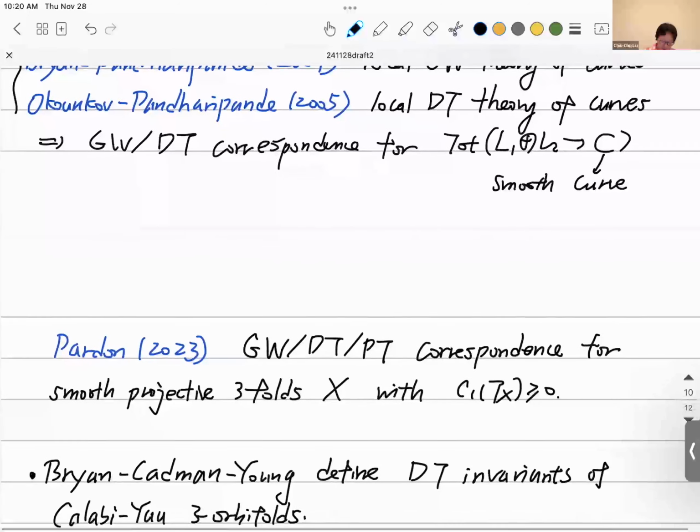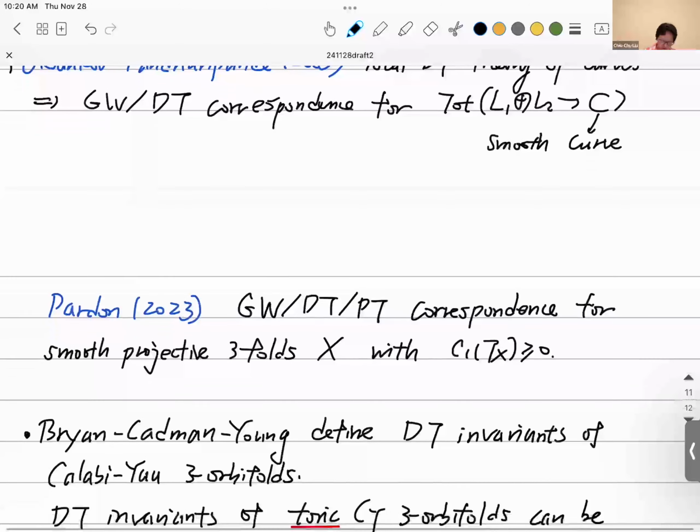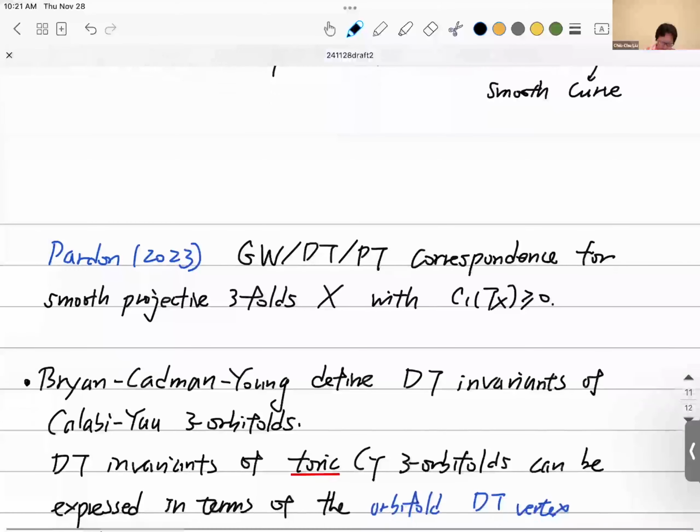And Bryan, Cadman, and Young defined DT invariants for Calabi-Yau 3-orbifolds, so orbifold DT invariants. The title of their paper is actually orbifold topological vertex, but it's actually the DT vertex, the orbifold DT vertex.